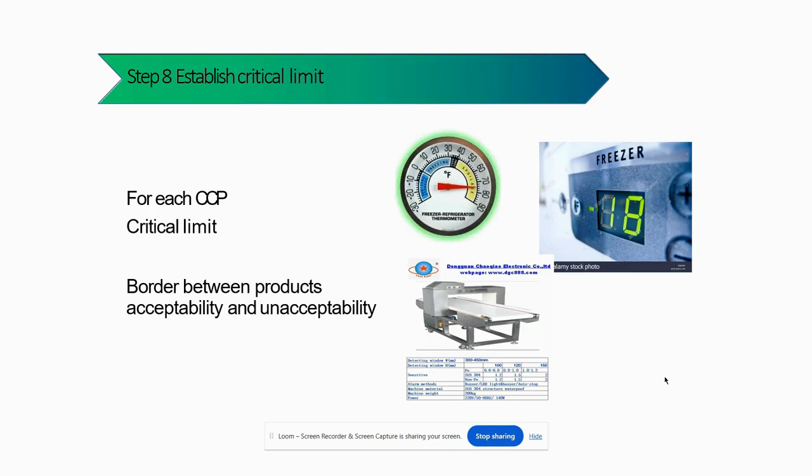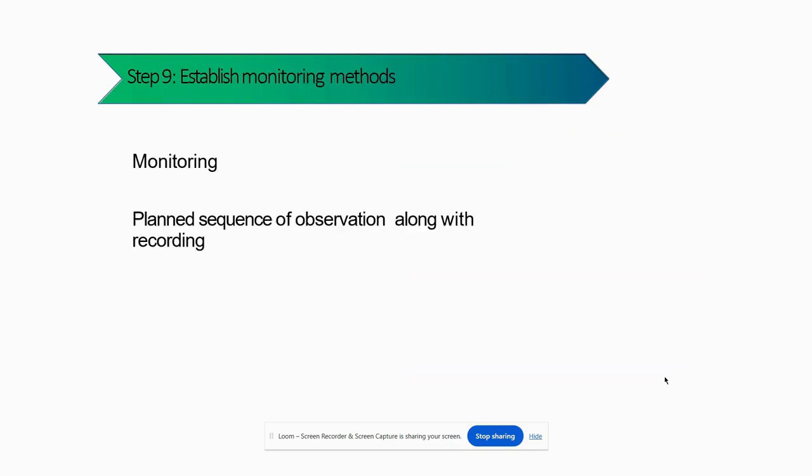Say, for example, if the magnetic separator is considered to be a CCP, we need to remove the magnetic separator on alternate days or every day as per the documented procedure with previous experience, and we need to quantify how much iron pieces are there and document that.